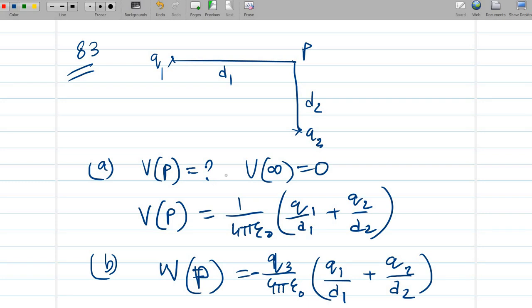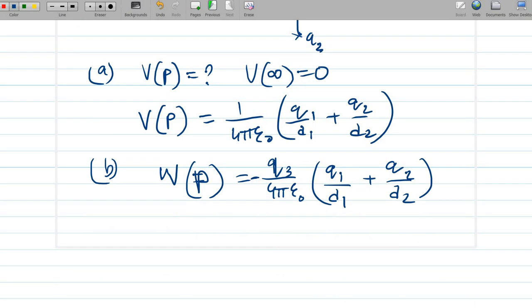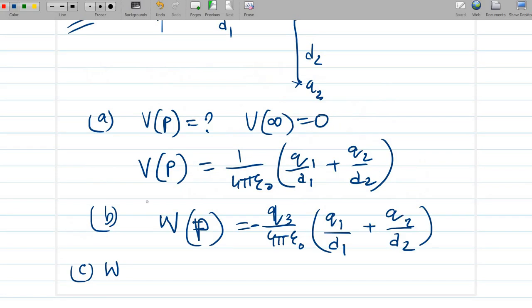That's the work. What is the work that needs to be done in order to assemble the whole system? So Q3 here, so you need to consider all the 3 terms. So W, in order to assemble the whole configuration, is equal to, I have to be precise, 1 by 4 pi epsilon naught, with a minus sign, and you have Q1, Q2.